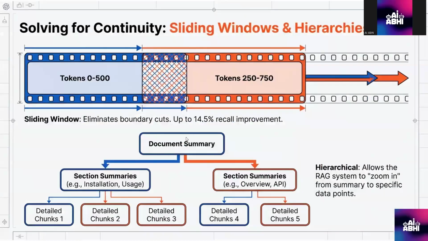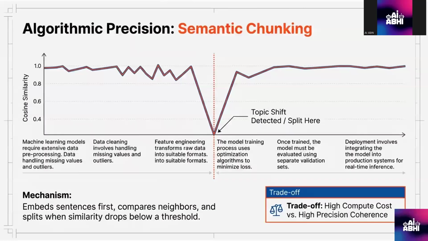So let's move to the next chunking method, the fifth one, which is semantic chunking. Now we are getting into advanced stuff. Semantic chunking is where the chunking actually understands the meaning. Here's how it works. You start by splitting text into sentences. Then you create embeddings for each sentence.